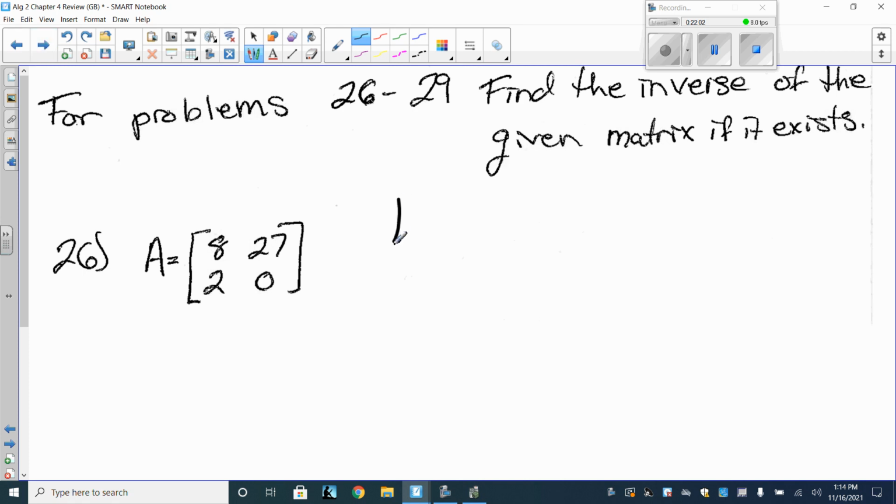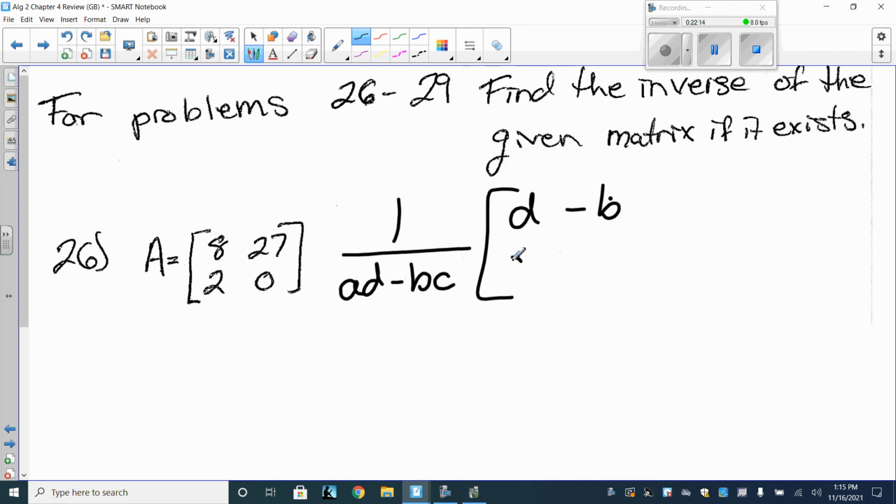Because our equation for this here is 1 over AD minus BC times D, negative B, negative C, and A. And this here is really the inverse of the matrix A, B, C, D. Because we flip the positions of A and D and make B and C negative, or switch the signs.